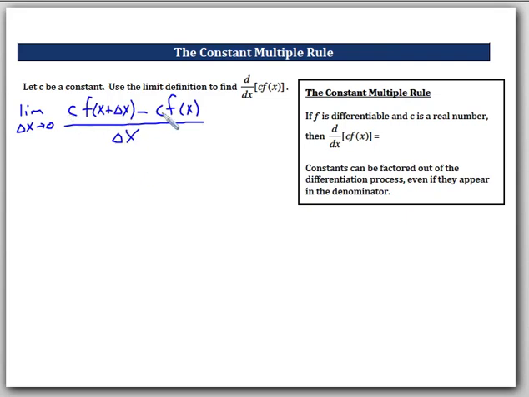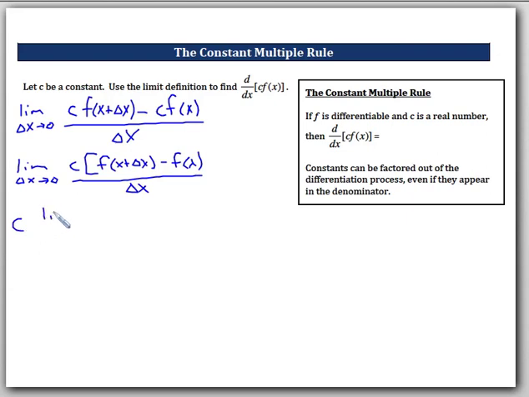Now here we could factor the c out of the numerator. And from our properties of limits, we know that c then can go on the outside of the limit.